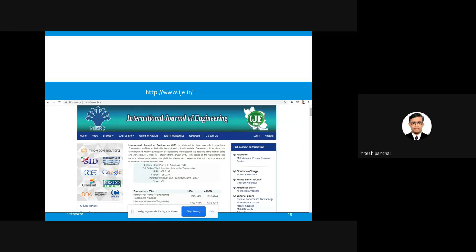And if your article is not good, within 3 to 4 days you will get an email from the editor-in-chief that your article is not accepted for publication for this reason, and now you can submit your article to any other journal. So it is good. That's why this is a very good journal. Earlier I have worked with it, and some of my research scholars have also published papers in this journal. It is a journal from Iran. The name is International Journal of Engineering.